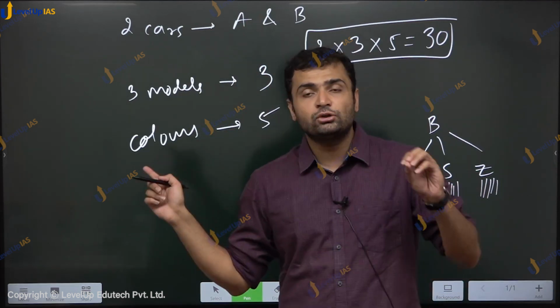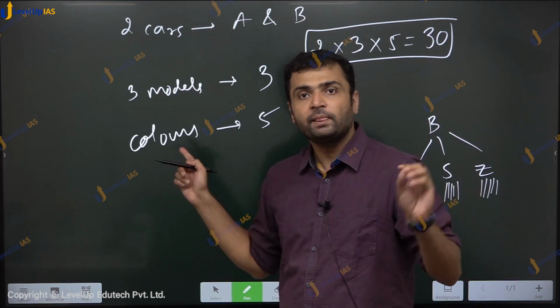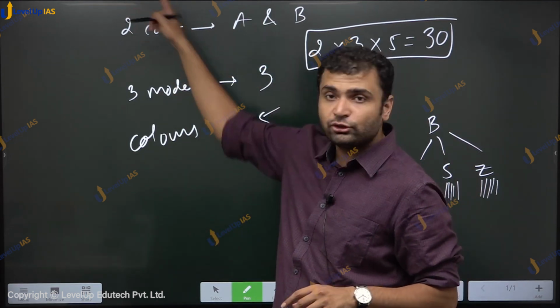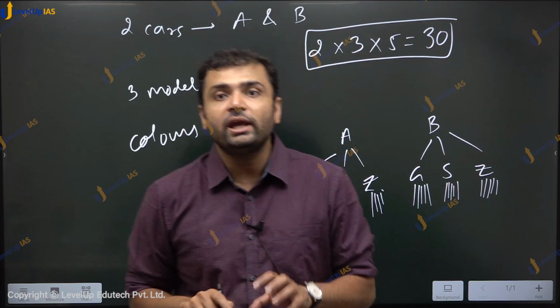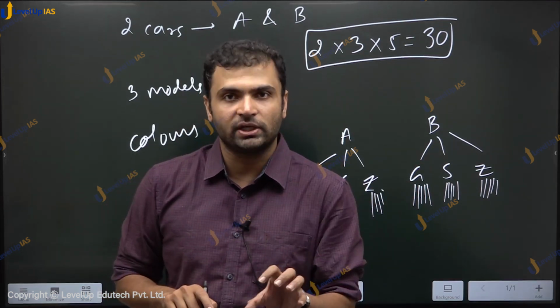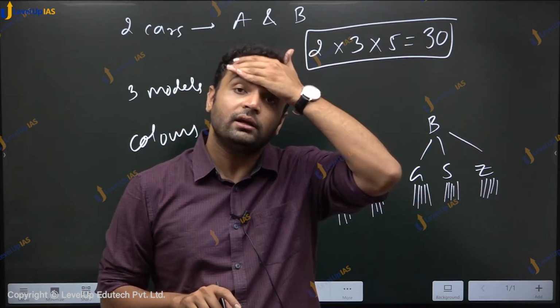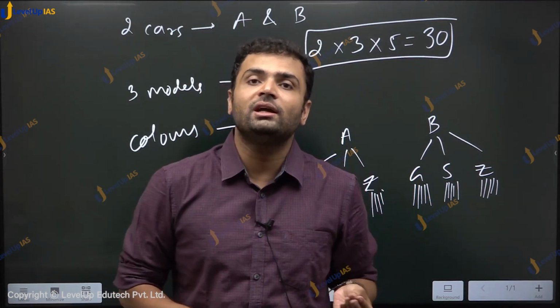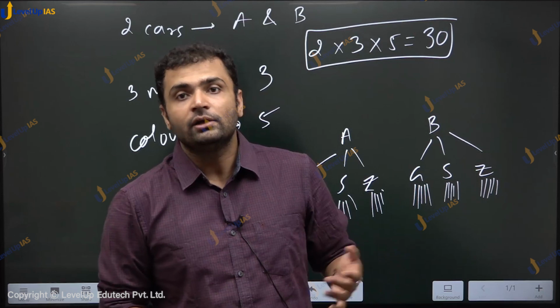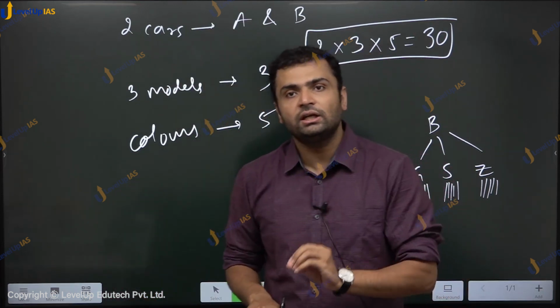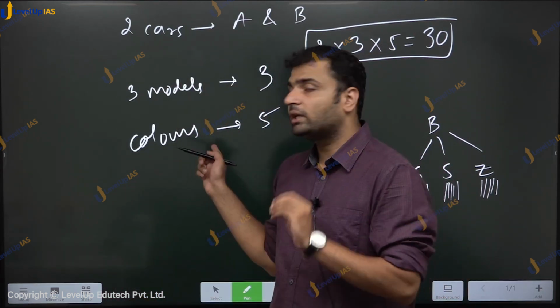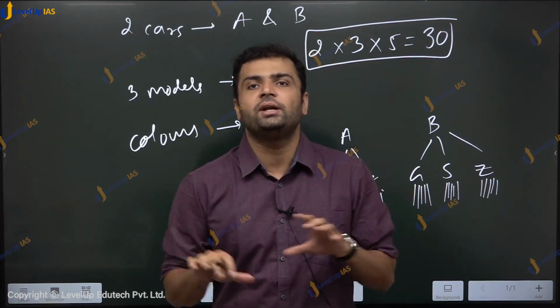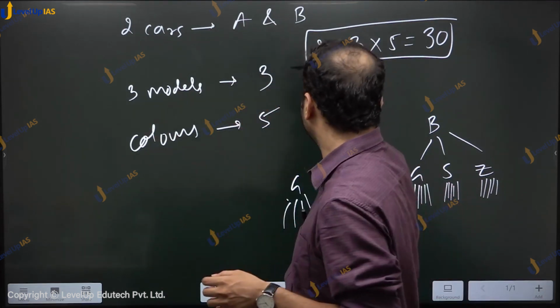Number of possible choices of colors is dependent on my choice of car. तो ये events independent नहीं बचे, because there are conditions on black color not being available in car A. So that puts additional condition on our multiplication principle. तो वो directly events independent नहीं है. We cannot do directly 2 into 3 into 5.